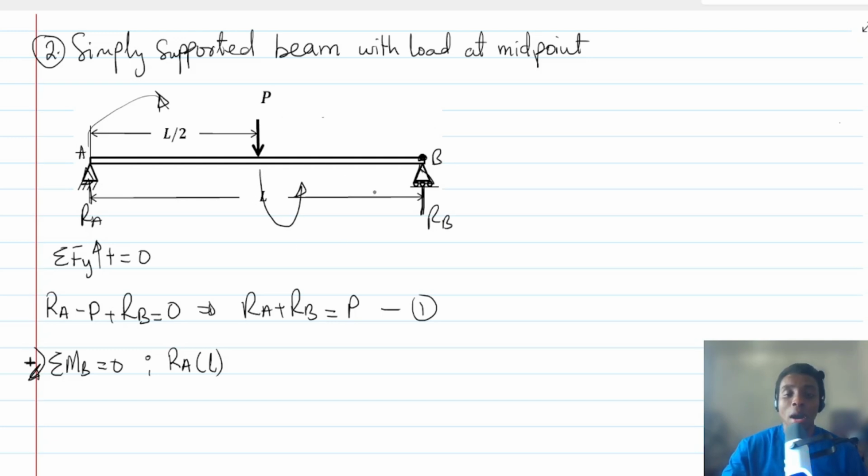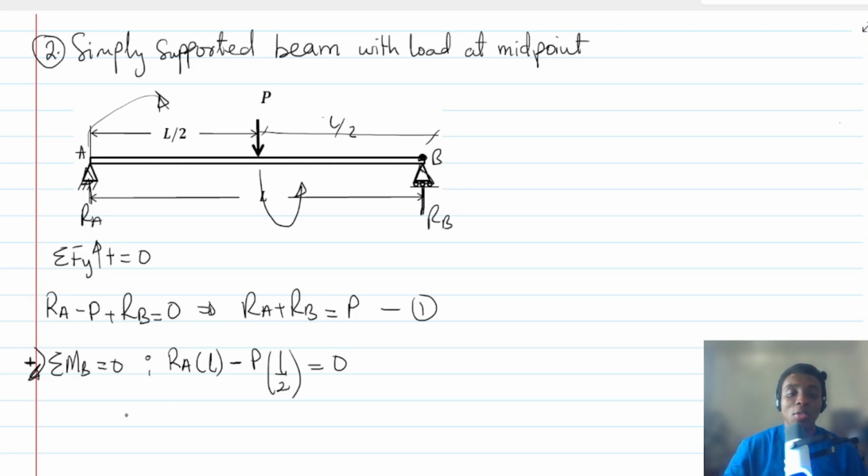Anti-clockwise about point B. All right, but then it's going to be, okay, so minus P. And what is the moment arm? Because the distance of this from here is actually L over 2 because it's at the center, so it's going to be L over 2. Then should be what? 0. Is that right? Okay, we will not add RB because we are taking moment about B.